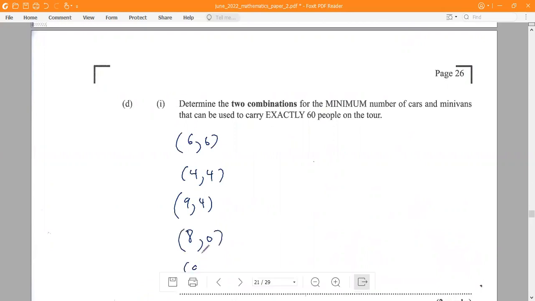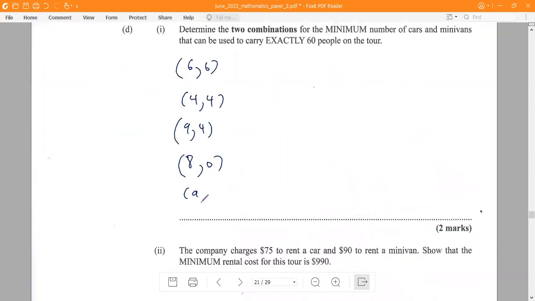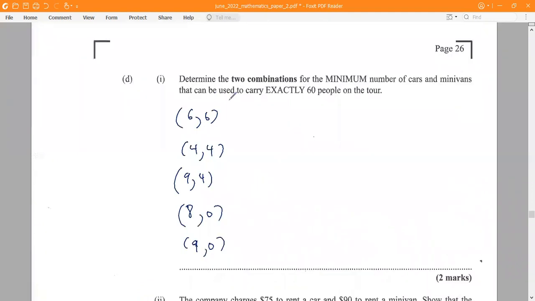All right, so we have to test each one of these coordinates to see if it satisfies the condition given to us. So 2 combinations for the minimum number of cars. If the first number is the variable x, which is the number of cars, the second number is the variable y, which is the number of minivans.